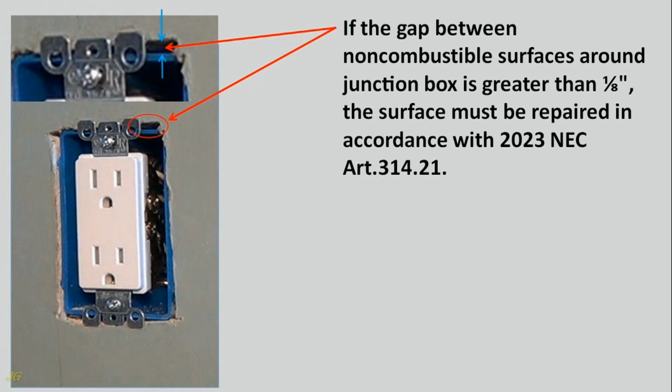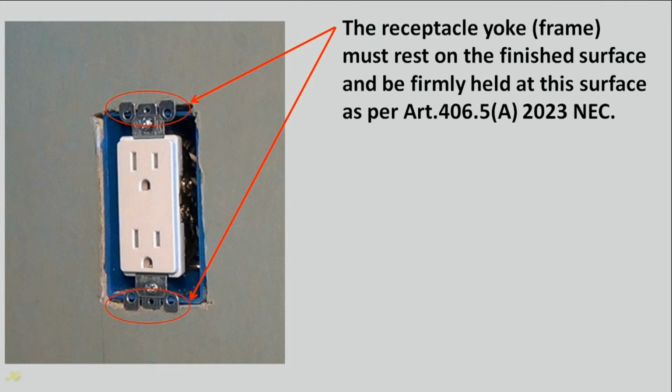If the gap between non-combustible surfaces around the junction box is greater than 1/8 inch, the surface must be repaired in accordance with 2023 NEC Article 314.21. The receptacle yoke, frame, must rest on the finished surface and be firmly held at this surface as per Article 406.5, A, 2023 NEC.